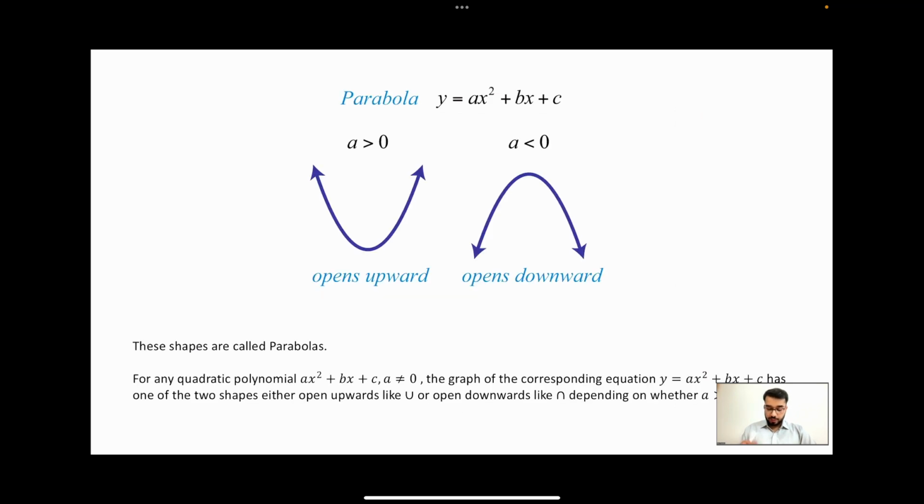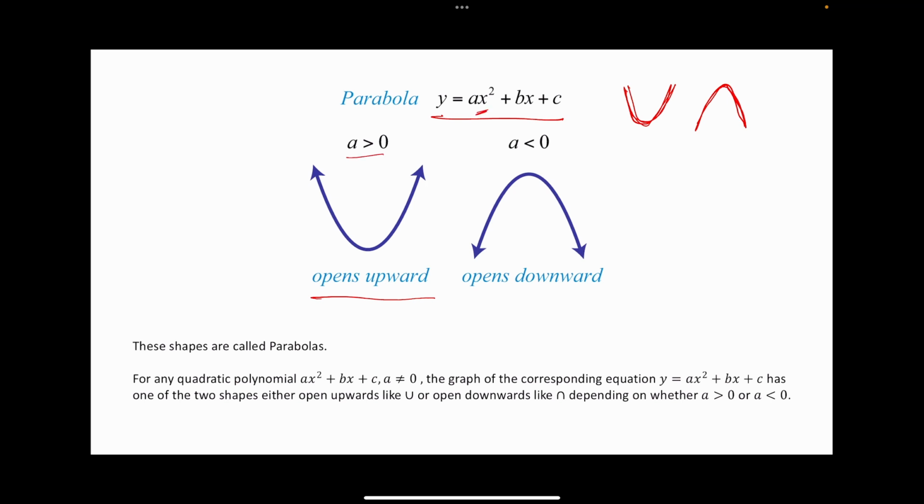So now more on the parabola. Whenever we have a quadratic polynomial ax square plus bx plus c, the graph of a quadratic polynomial will always be a parabola. Now the parabola can be two ways. It can either open upwards or it can open downwards. When it opens upwards, it means the coefficient of x square is positive.